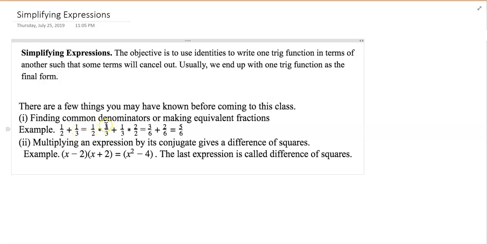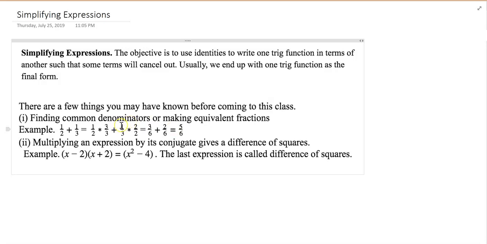So it's going to be 1/2 times 3 over 3, plus 1/3, and 1/3 will multiply by the denominator of your 1/2, which was 2, so that will be times 2 over 2. You want to make a common denominator for both fractions. So you have a common denominator now, 3 over 6 plus 2 over 6, that equals 5 over 6.